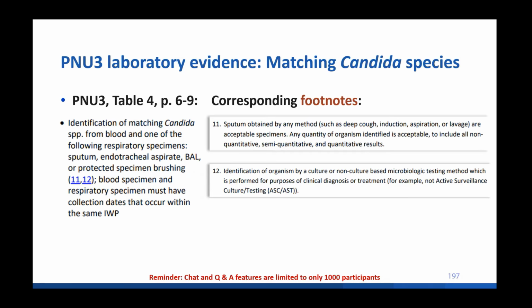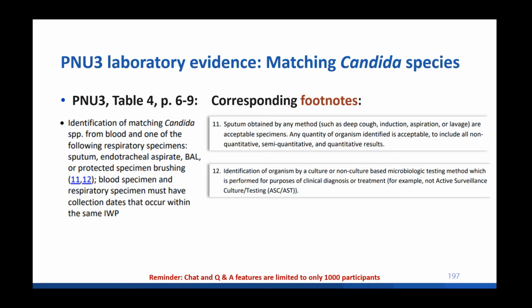Now let's look at pneumonia 3 for immunocompromised patients in Table 4. And the identification of matching Candida species from blood specimen and respiratory specimen. In this specific laboratory element, sputum and tracheal aspirate specimens collected from non-ventilated patients are eligible for use. And again, there are footnotes that apply.